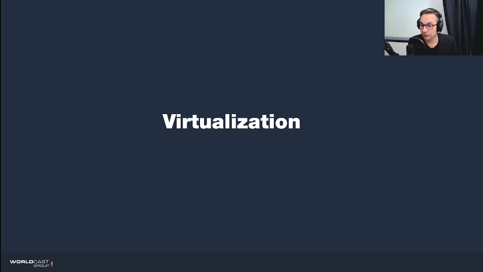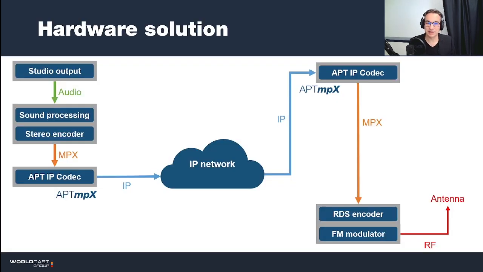Let's have a look now at virtualization. This is also a key point today when we want to optimize the FM chain. To start with, let's see the hardware solution, okay, with MPX and APT-MPX. This is the chain with APT-MPX transport over IP from the studio to the transmitter site, and we use only hardware devices.